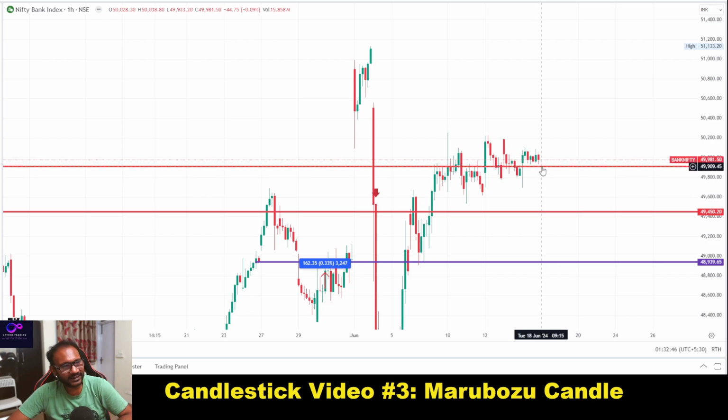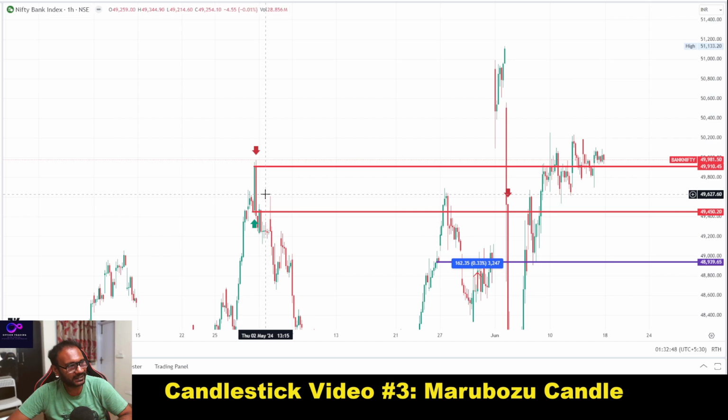If the market is trying to break, then we got to see what the reaction is around the middle of this level, that is around 49,600. If it breaks down, then we might see one last step of support around 49,450. If that is also broken, then we can expect a bigger downside move.